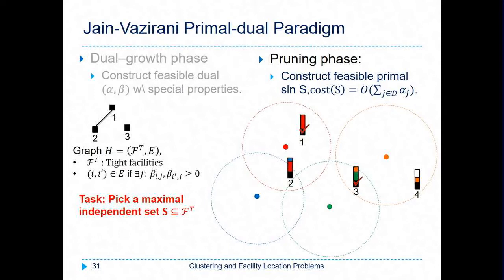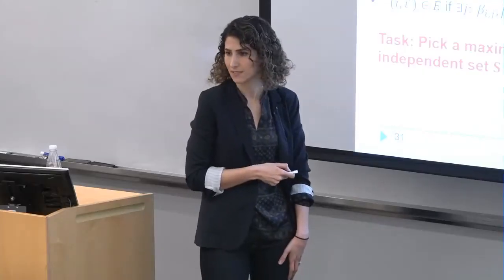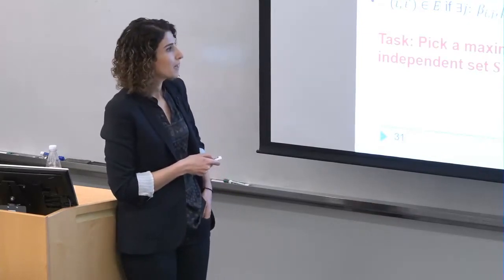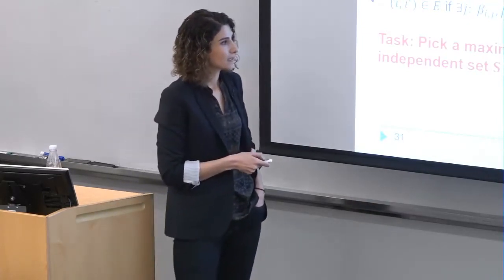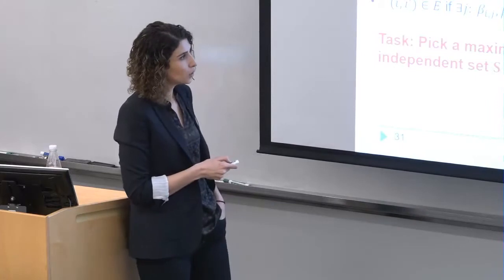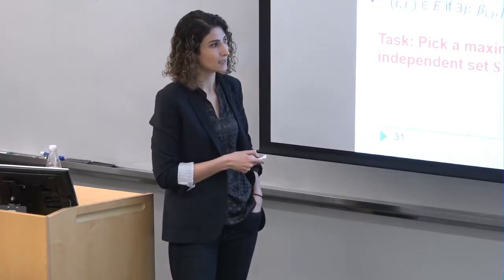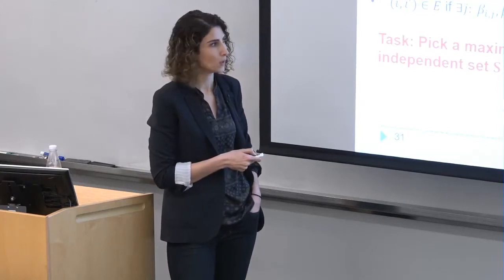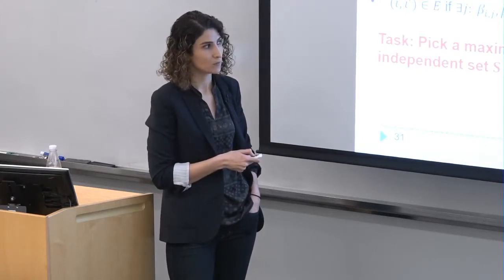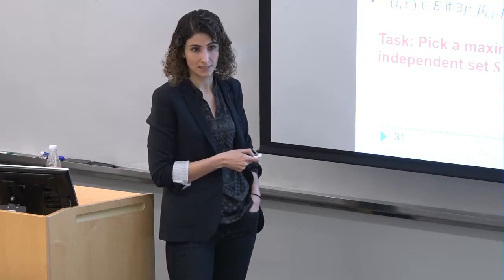The next step is to decide how to assign the clients. If a client, using its alpha j, can reach a facility, which means that there exists some facility inside its ball, then we assign that client to that facility. And then if there's a client for which no facility from its ball is selected, we know that this client stopped at some point, so there's at least one facility inside its ball that is tight.